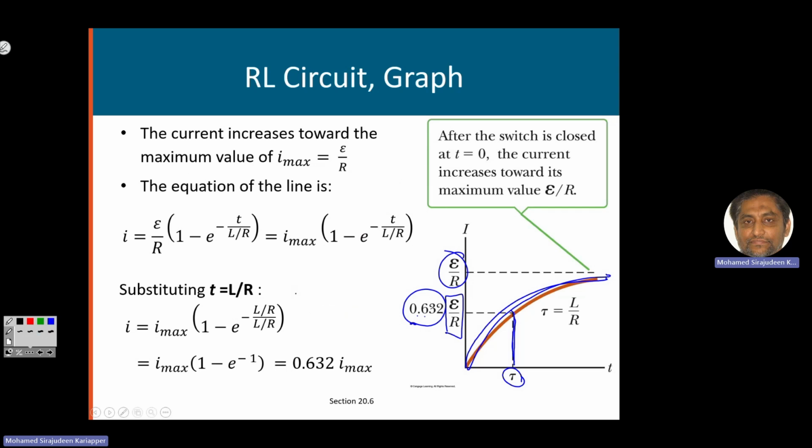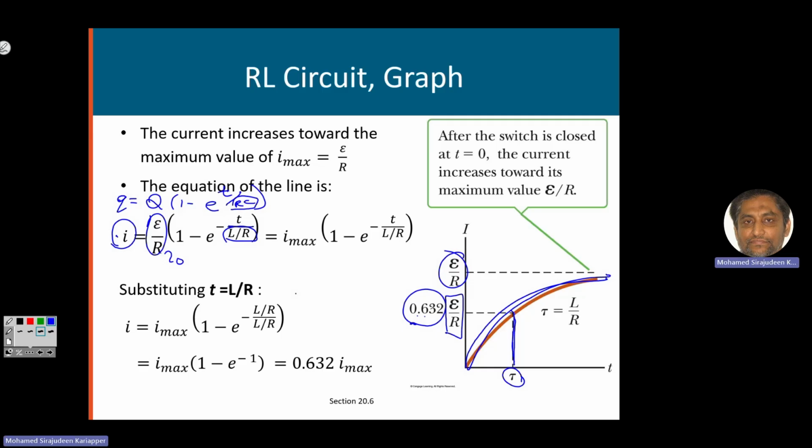What you had for the RC circuit is the Q at any time t is the maximum Q times 1 minus e to the power minus t divided by tau. Tau is RC. This is the time constant for the RC circuit. And for the RL circuit, it is not the charge, it is the current. This is the maximum current, 1 minus e to the power minus t divided by tau, but the tau is now L over R, not RC. So that's the only difference.